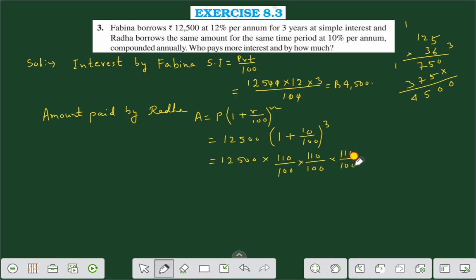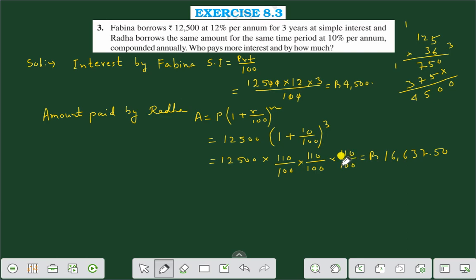If we multiply all these 3 and after calculating, we are getting rupees 16,637.50.